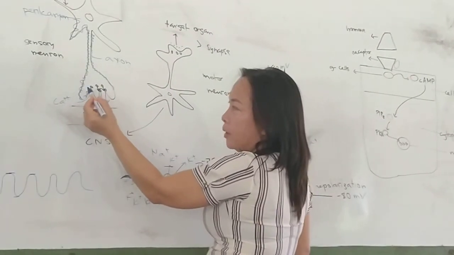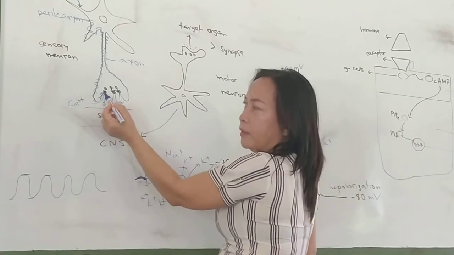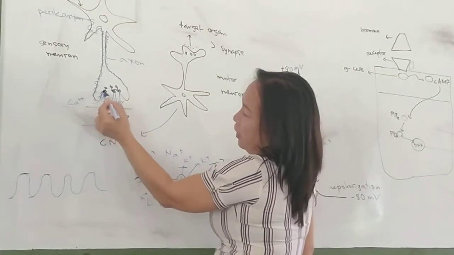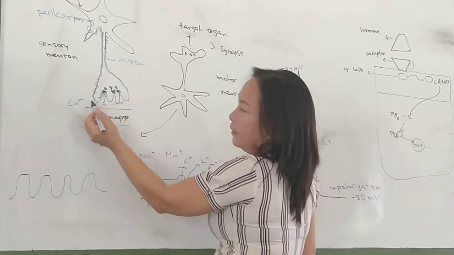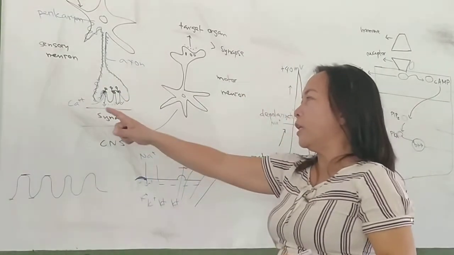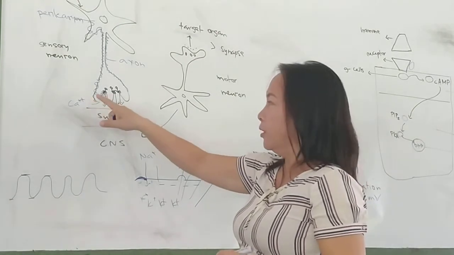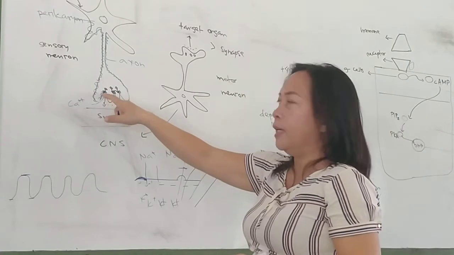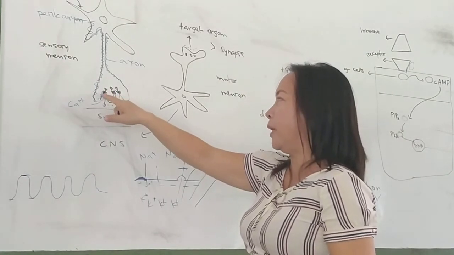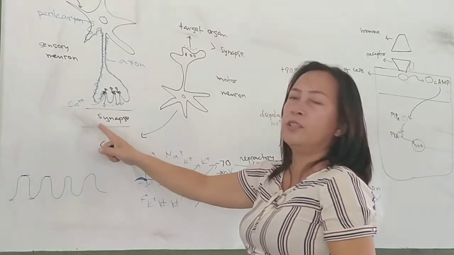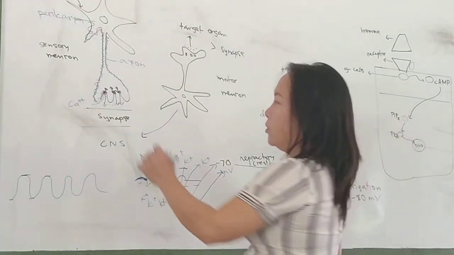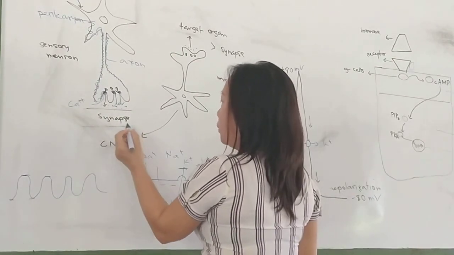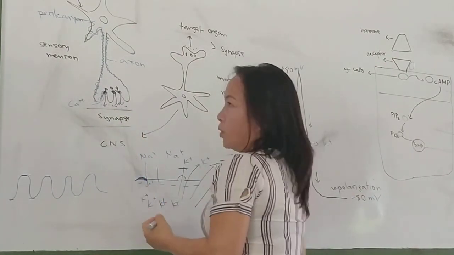When the action potential reaches the terminal part of the axon, it becomes positive there. Then, calcium is attracted, so it binds to the cell membrane, and the binding of calcium in the cell membrane causes the release of the neurotransmitter. And the neurotransmitter in the synapse will bind again to the next cell.